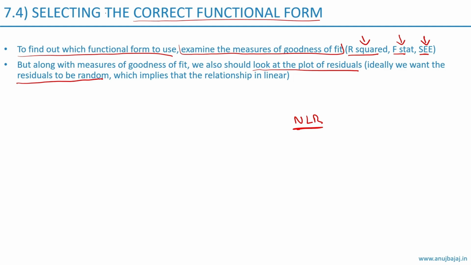This implies that the relationship between the linear dependent variable and the linear independent variable, or the transformed values of the variables, is linear. So we should look at both the measures of goodness of fit as well as the residual plot to decide which functional form or which model to use.